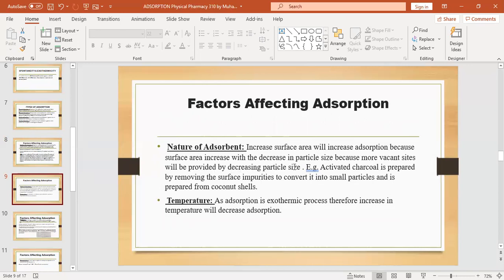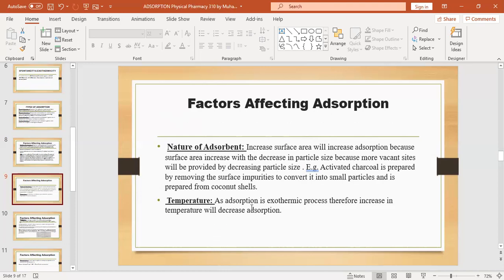An example is activated charcoal, which is prepared by removing the surface impurities to convert it into small particles, and is prepared from coconut shells. By nature of adsorbent, we mean that we are considering the surface area. Surface area increases with decrease in the particle size, and if the surface area increases, it will increase the process of adsorption.